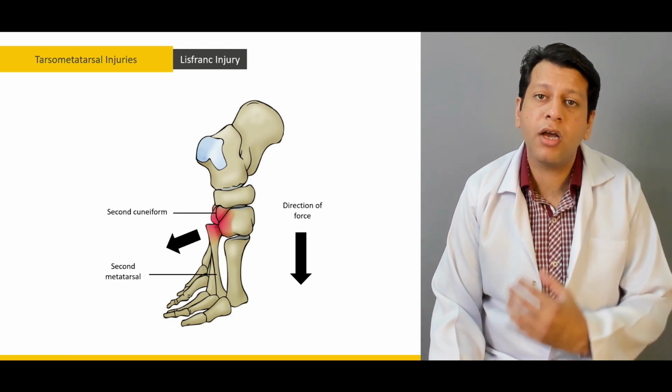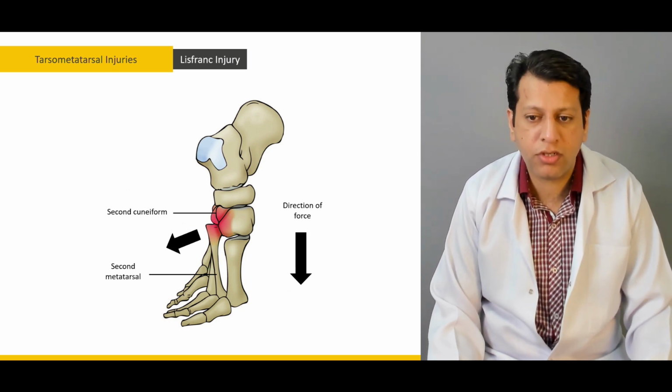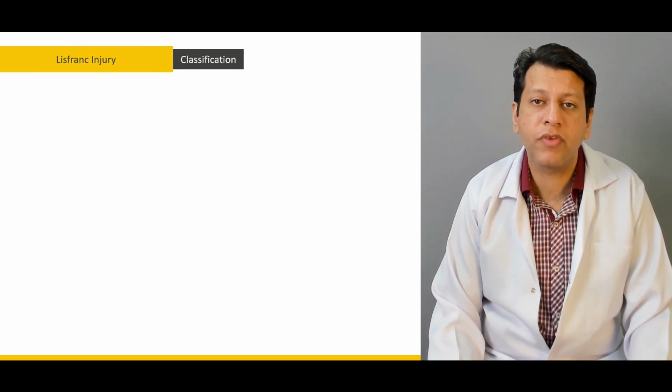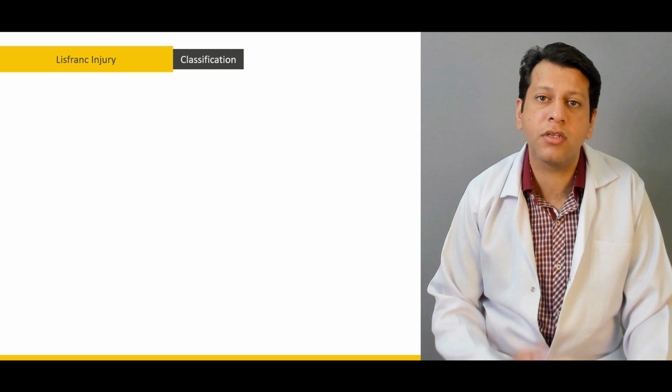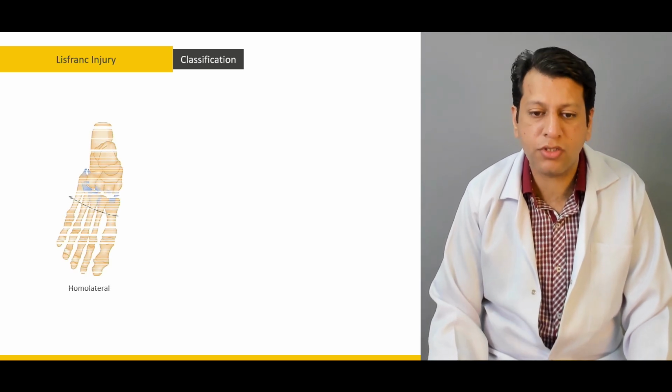Now, this could be an isolated ligamentous rupture, or it could be associated with fractures as well. And when we go for classification, generally there is the isolated ligamentous injury, or there may be associated fractures as well.